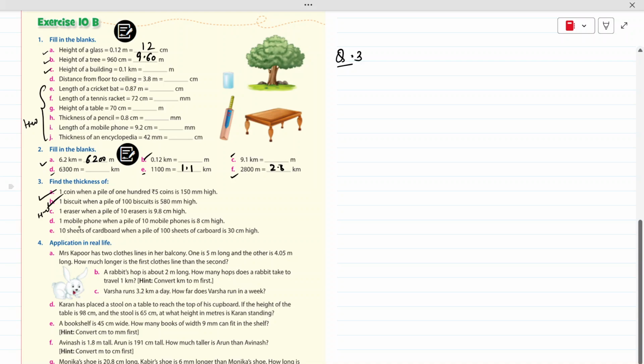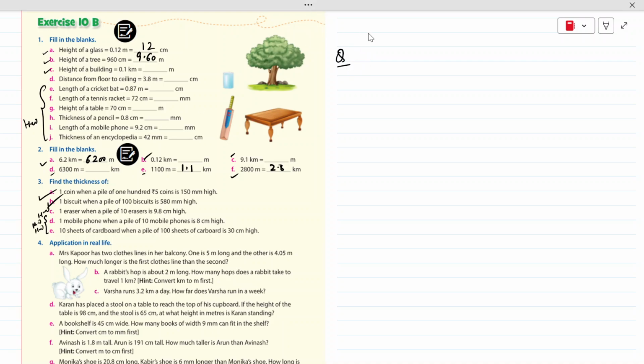Coming to D, one mobile phone, when a pile of 10 mobile phones is 8 centimeters high. Again the same thing, and the last one is also 10 sheets of cardboard. So now instead of a pile there is a sheet, and these sheets are also stacked upon one another. So the same thing we have to do here also. So C, D, E I am marking as homework.